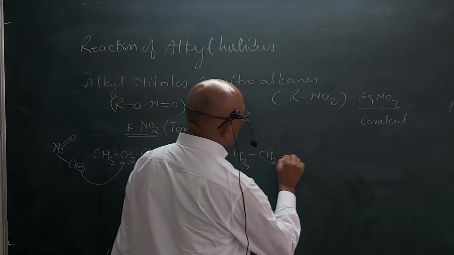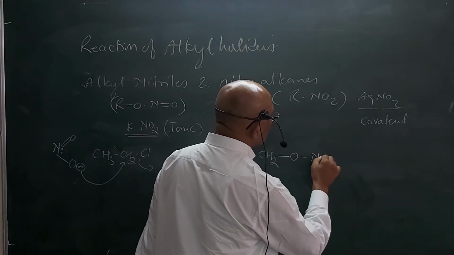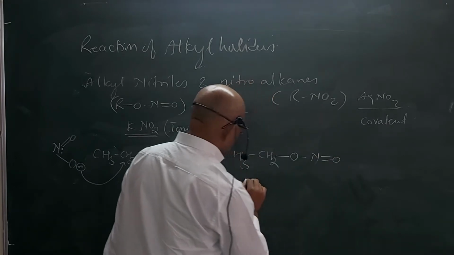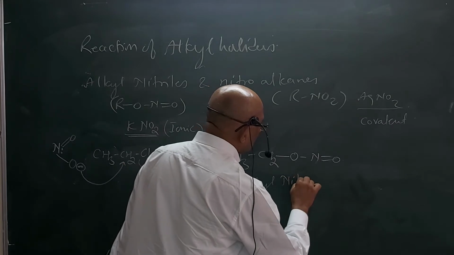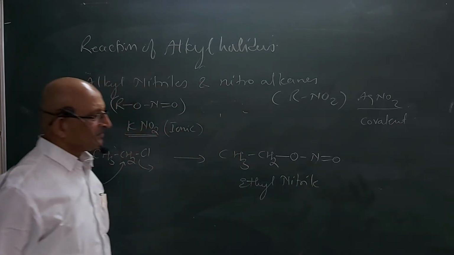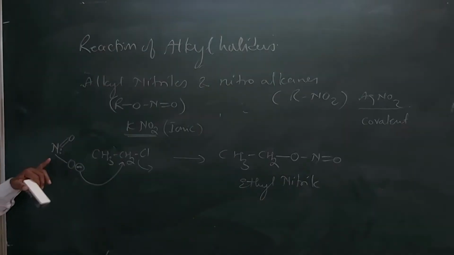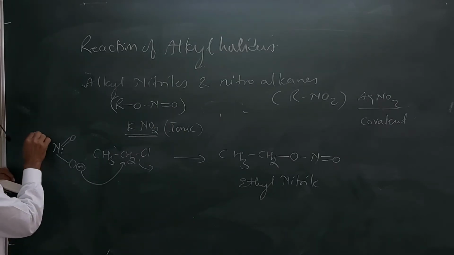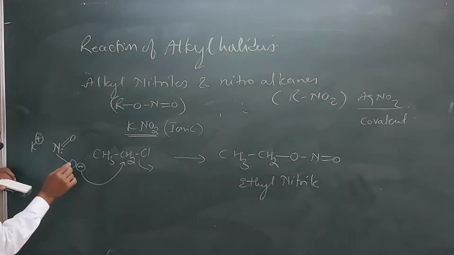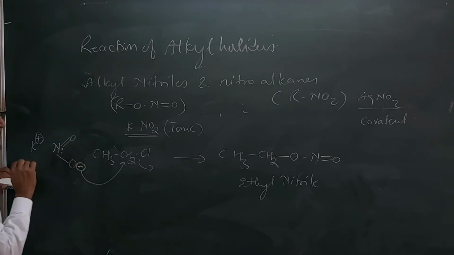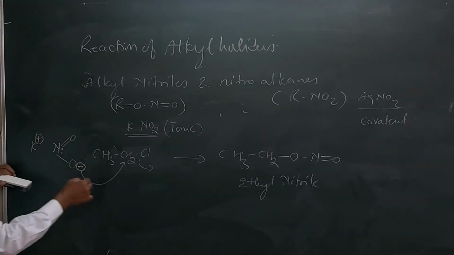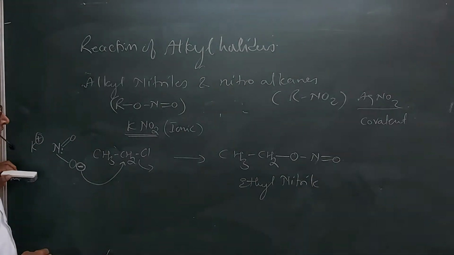So this is the ethyl nitrite. When it is ionic, that is K plus and NO2 minus, the negative charge goes towards this oxygen, and so oxygen has a tendency to donate the electron pair.